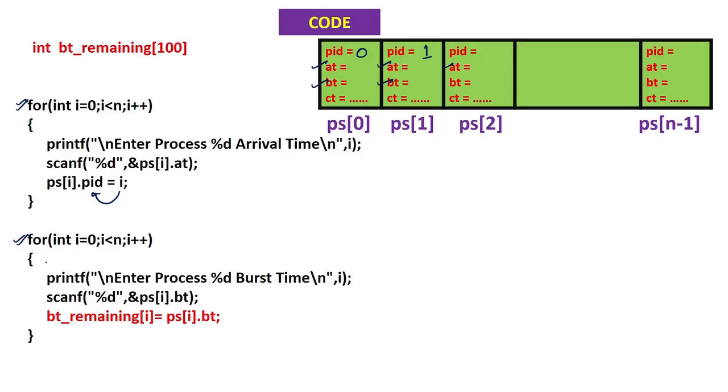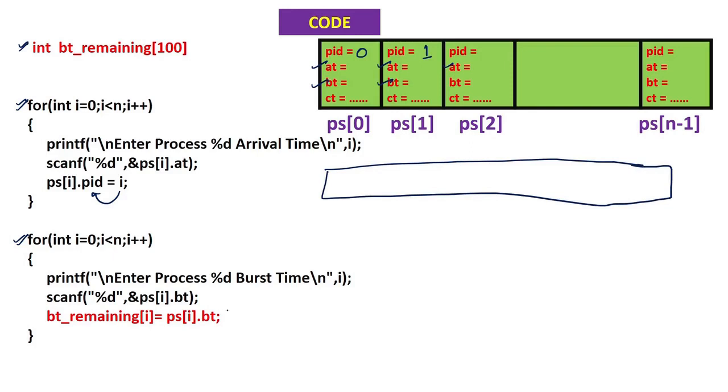Inside this for loop, I have also initialized another array, that is BT underscore remaining. So what is this array? This is a new array that we have taken outside the structure. Whatever burst time you are scanning for each process, just copy it inside the remaining array.